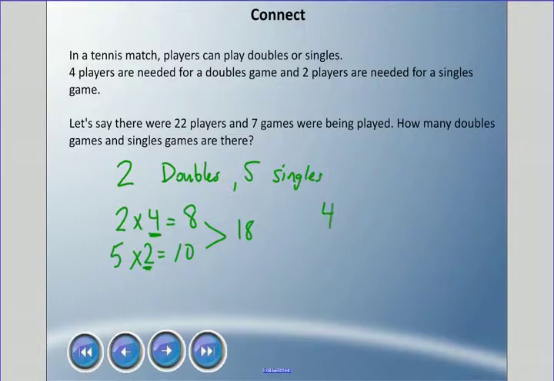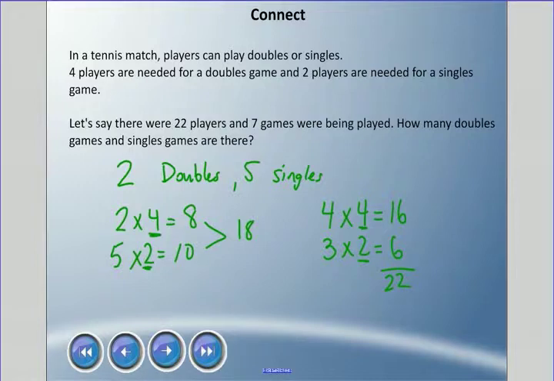Let's say 4 games of 4 players. That'd be 16. So 4 doubles games going on. Let's try 3 games of singles. So 2 players on the court for singles, 4 players on the court for doubles. That'd be 6. What do you know, it's 22.